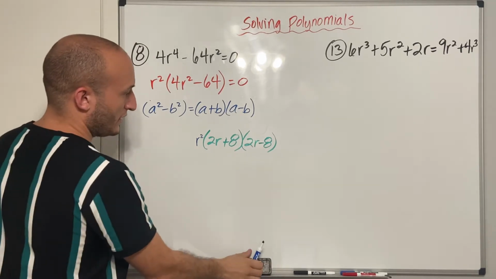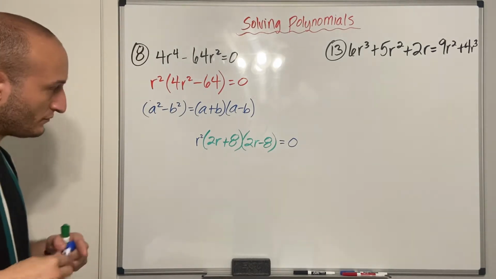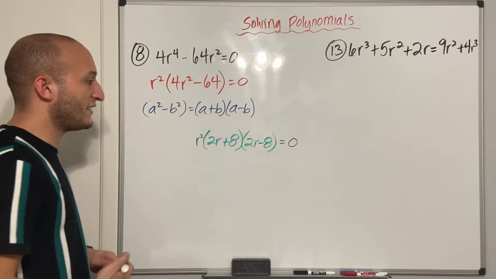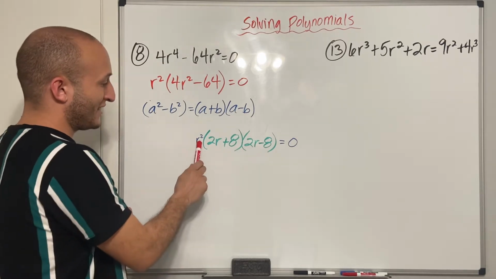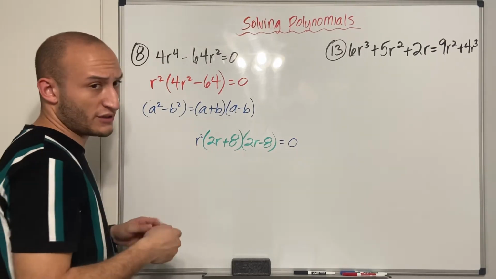Now that I have all of this equal to 0, by the multiplicative rule, I can set each factor equal to 0 because they're all being multiplied to each other.